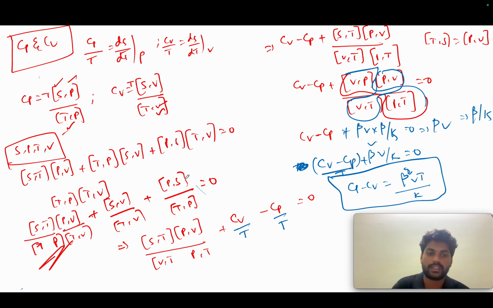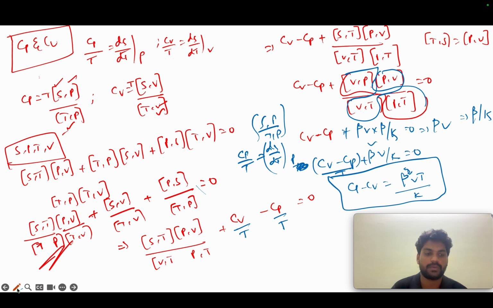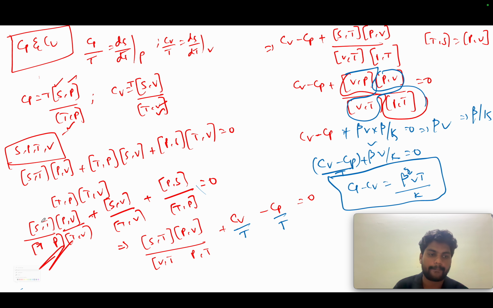I made the mistake here because Cp by T equals ds by dt at constant pressure. So we have this (S, P), (T, P) will be Cp by T. I wrote Cp into T, so that is the mistake I made. I think other than this everything is correct. Any doubts?